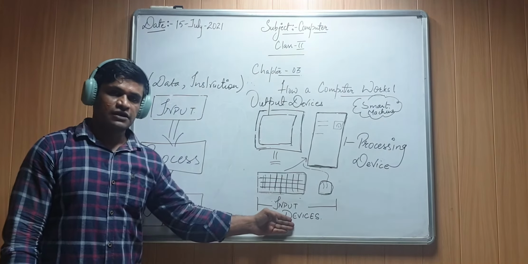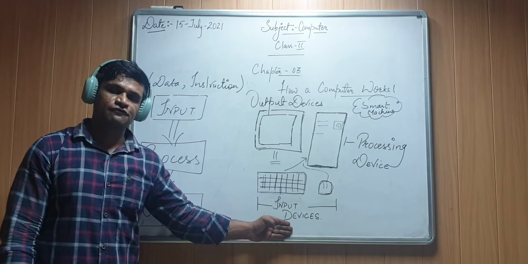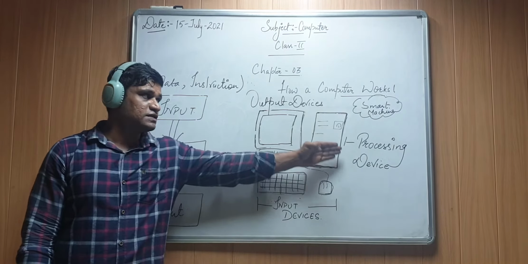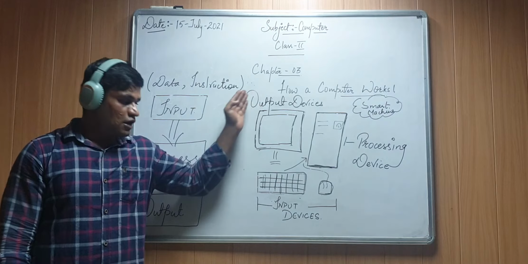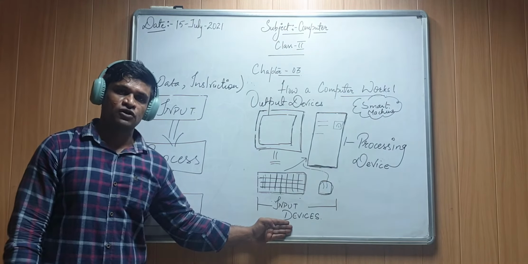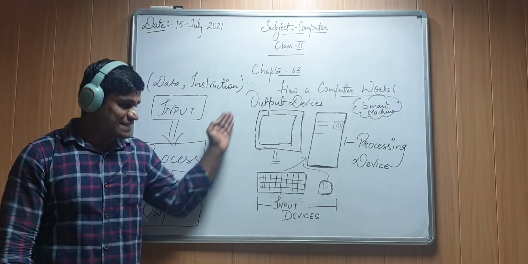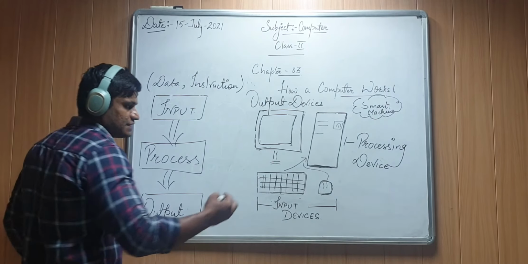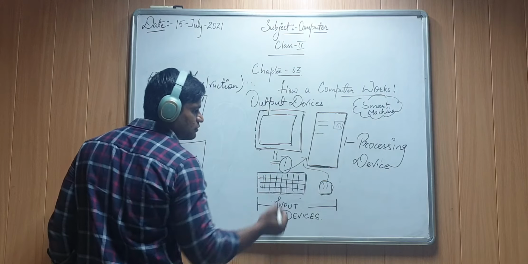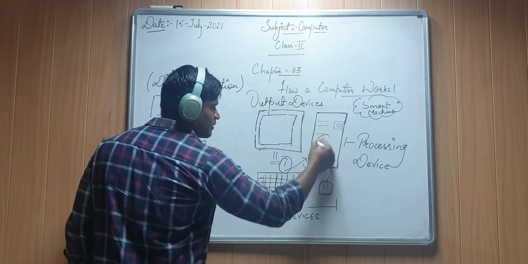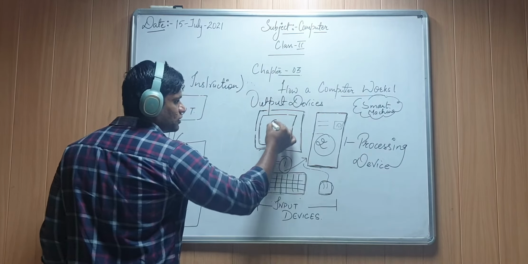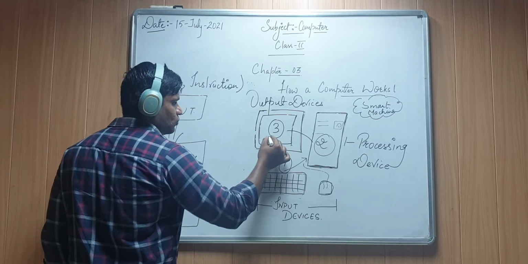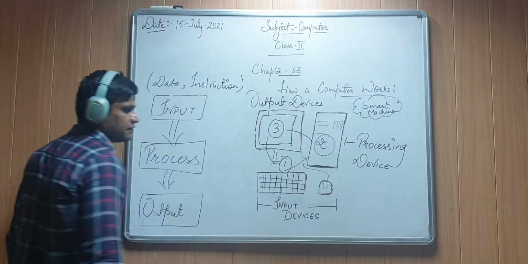Again for the next instruction, again I have to give input, again it will process, again it will show the output. Again for the third instruction, I have to give the input, and this circle will keep on going. That is from input to processing to output. The cycle is followed again and again.